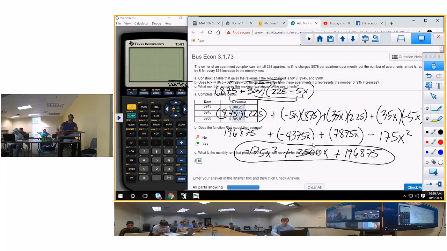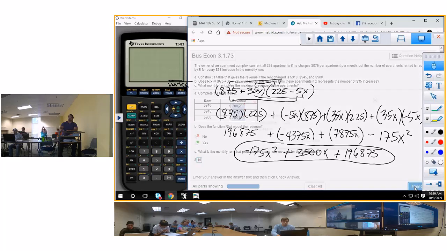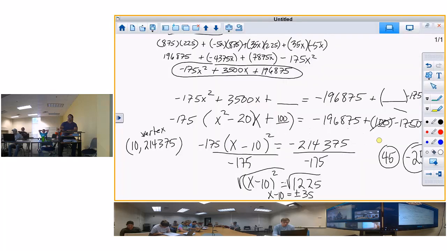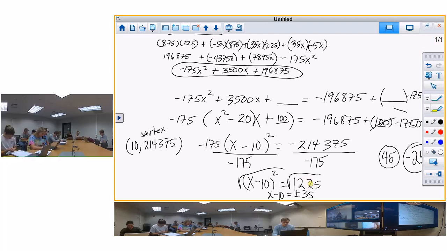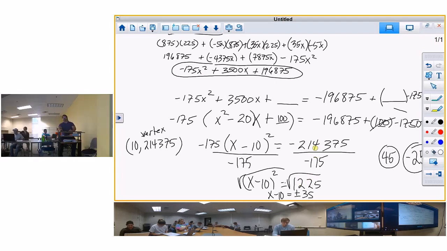This question is not 1225. 1225, that was our vertex right there.